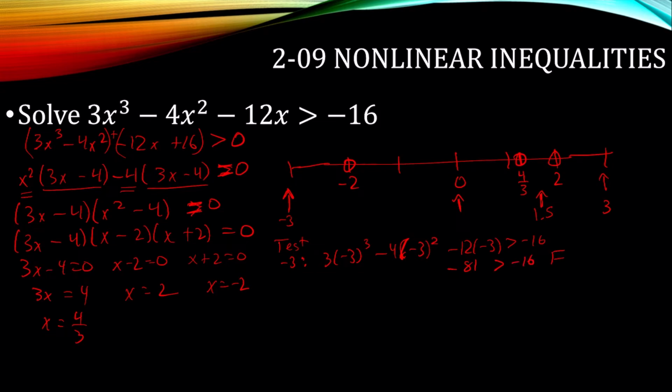No, that's not true. All right, let's try the 0. Plug the 0 in for the x in the original function and original inequality. And I get 0 is greater than negative 16. That is true. So the section that has the 0, that's part of my solution.